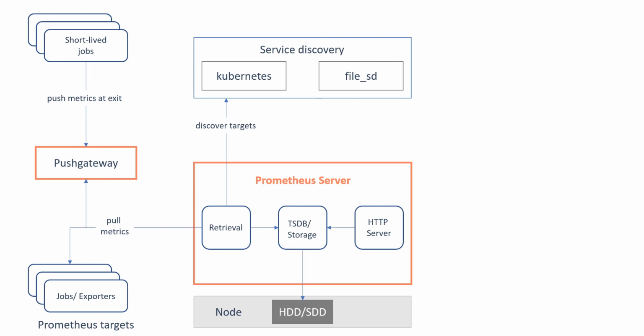Then we have service discovery. Guys, once you have your applications or your exporters ready and running to get scraped, the question is, how will Prometheus know where they are residing? I mean, how will it know which entities it has to monitor? How will it locate its targets? This is what service discovery is for. To make Prometheus aware of your targets, you have two options.